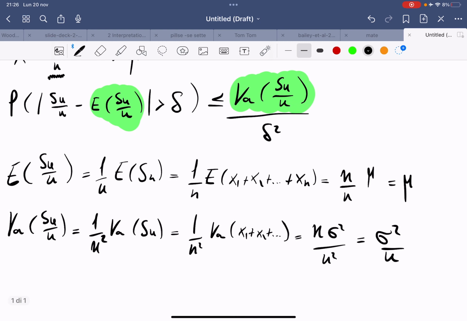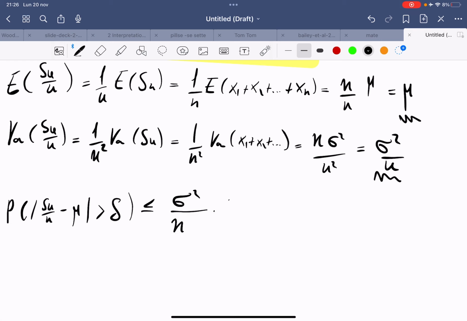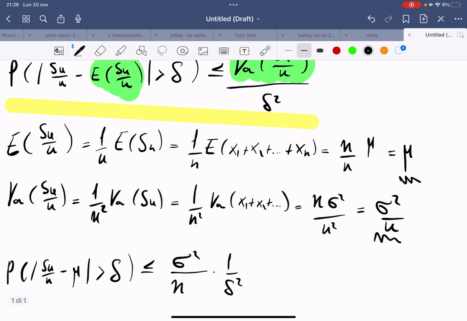Now we take those values and we put them into the formula of the Chebyshev inequality. So what we are going to do is to compute the probability that the absolute value of Sn minus mu is larger than delta, which will be smaller or equal to sigma squared divided by n times 1 over delta squared, as we stated here.